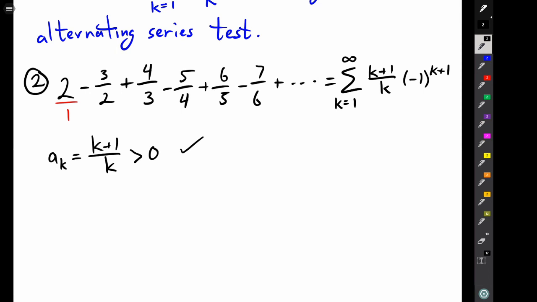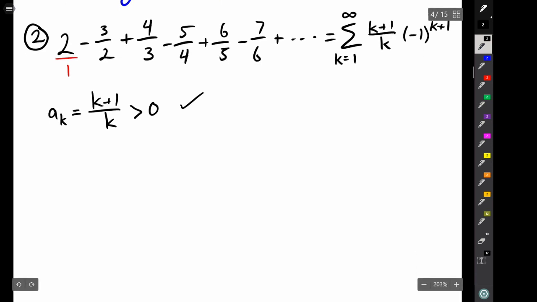Now the question is, are these decreasing in size? In fact, they will be. However, I want to say we can apply either test first. So let's actually look at item 2, the limit of the a_k's. This here is 1.